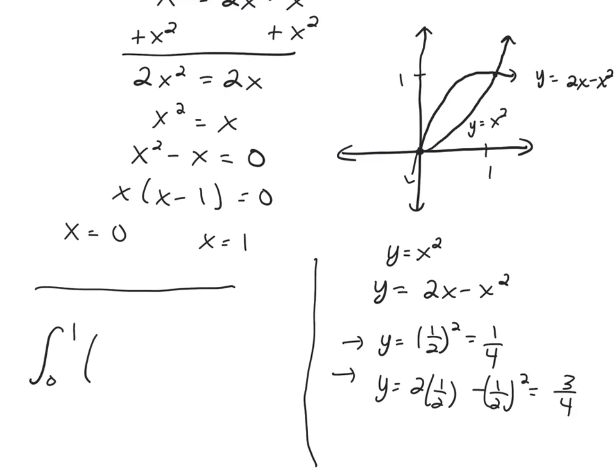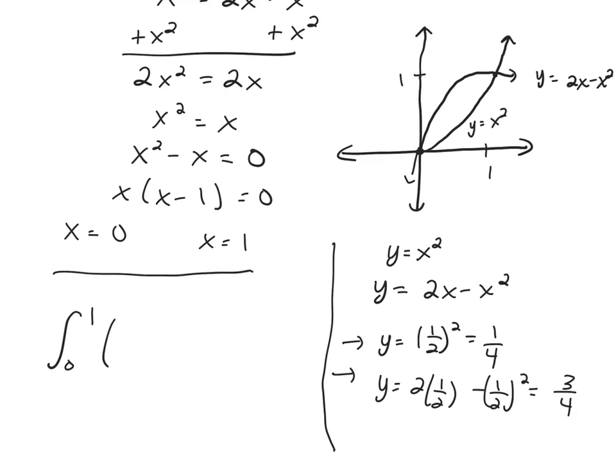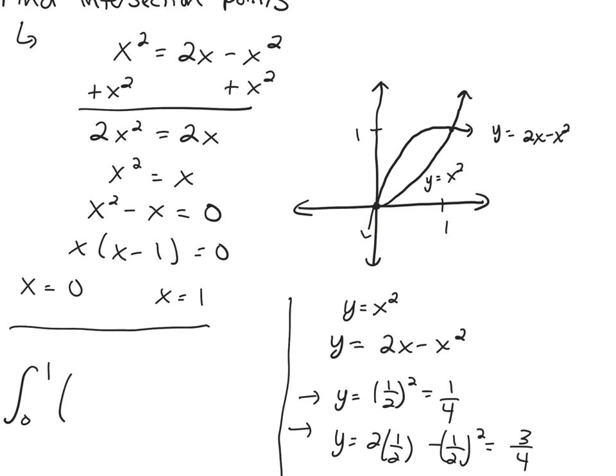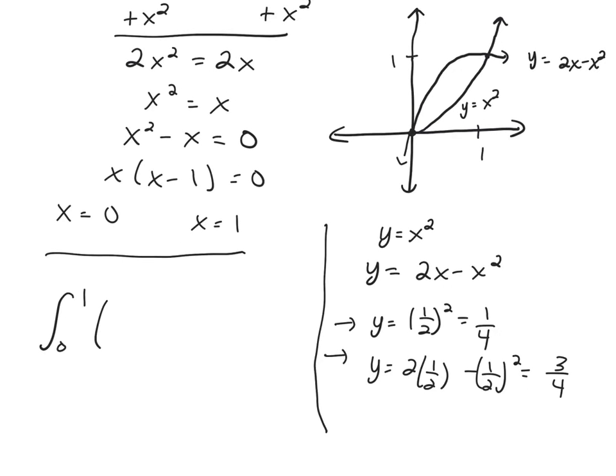And then I need to know which one's my top function. So that one's going to go first. So I'm going to put 2x minus x squared, and then minus the other function, which was x squared, dx.